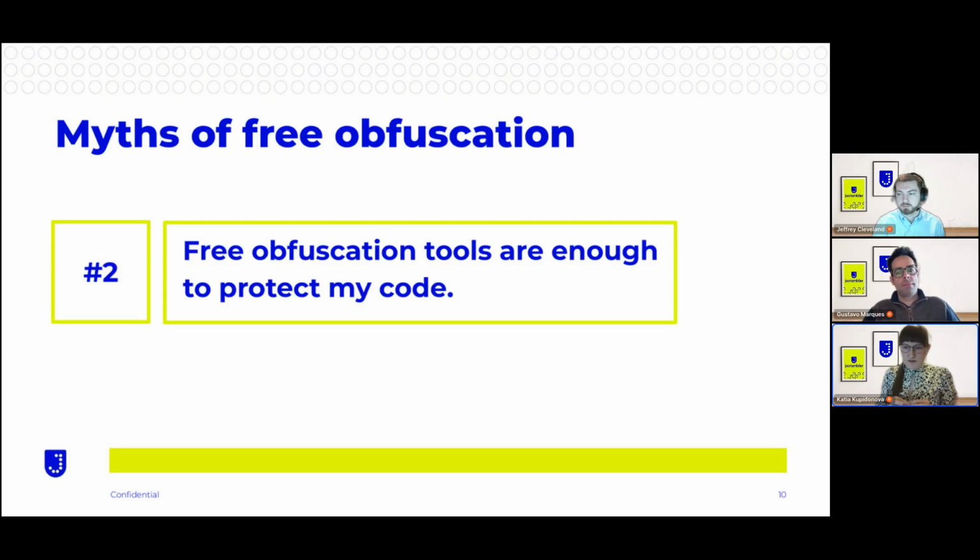Recently, a customer of ours shared that before choosing us, they found a free deobfuscation tool online and used it to test the obfuscated code that was initially obfuscated with one of those open source tools.